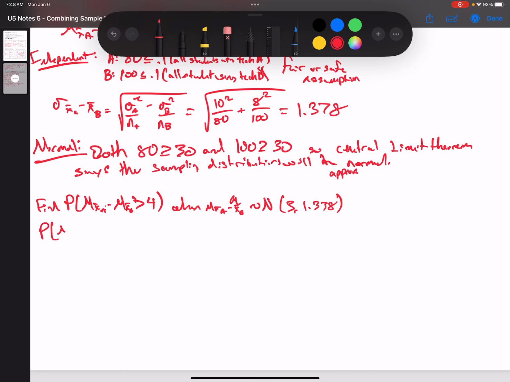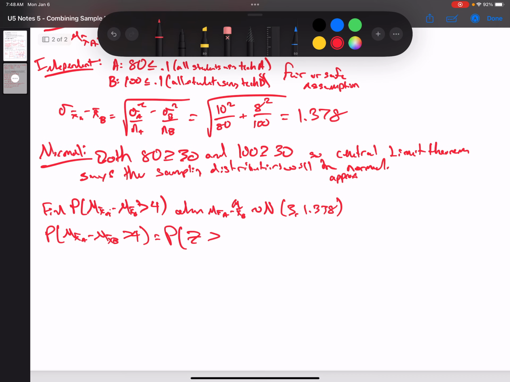So probability of x̄A minus x̄B is greater than 4. When we standardize, we're going to have Z is greater than 4 minus 3 over 1.378. Sorry, got my numbers backwards there.